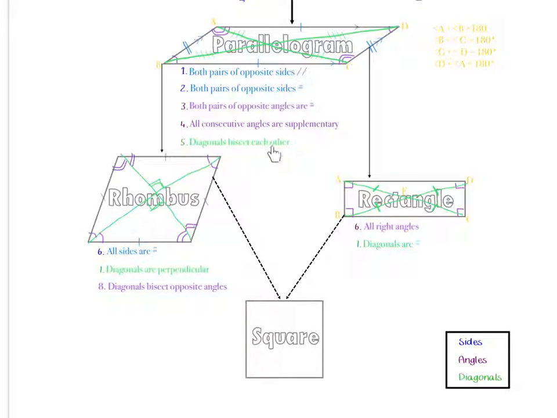So not only do they bisect each other, but they're congruent. And the last thing is that the diagonals are also going to be perpendicular where the square meets. Because all four sides are congruent in the square, they're going to meet at a right angle. So the equal sides make the diagonals perpendicular, and the right angles make the diagonals congruent.